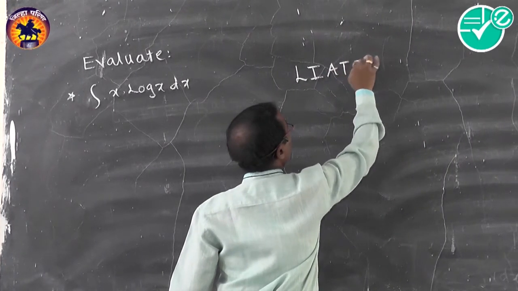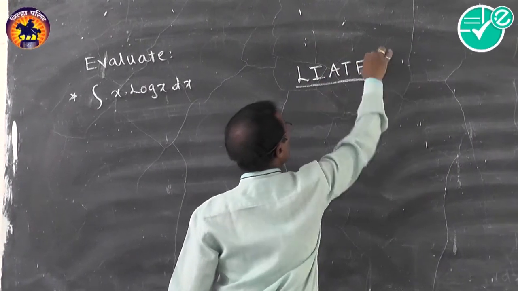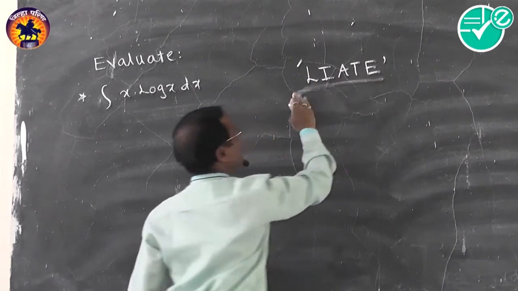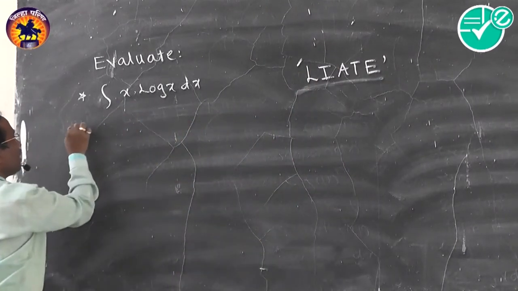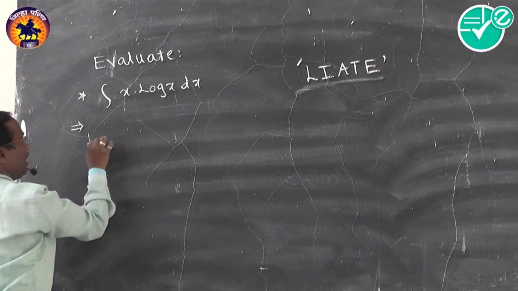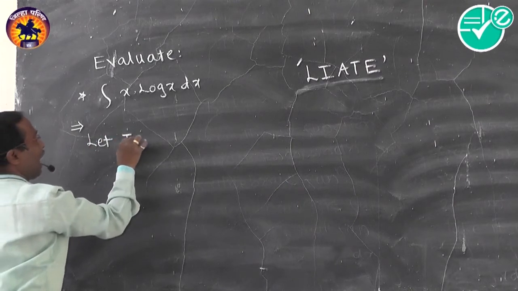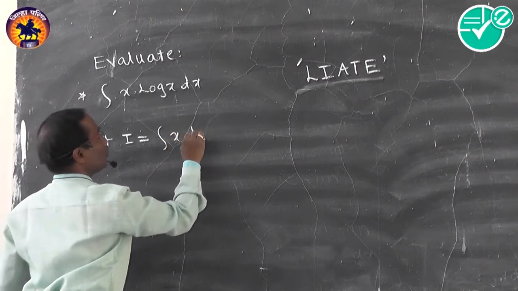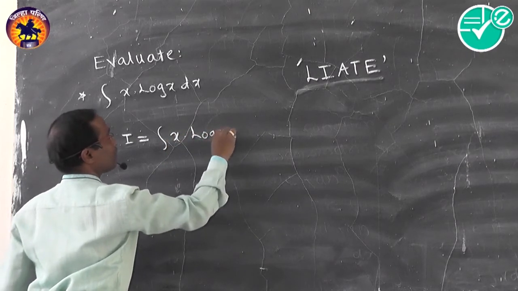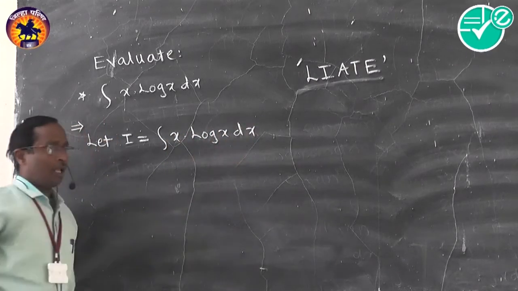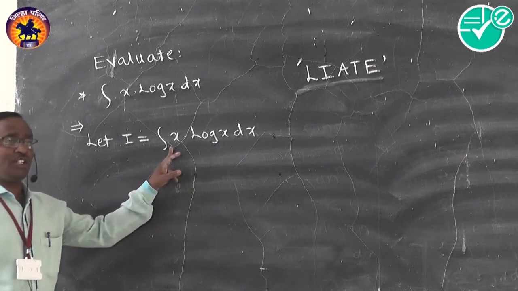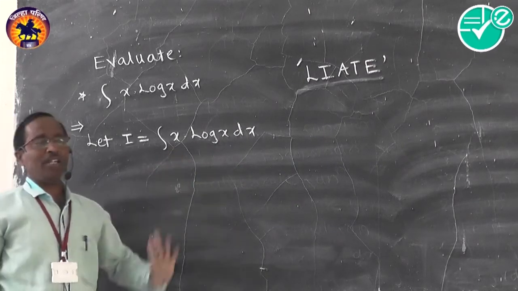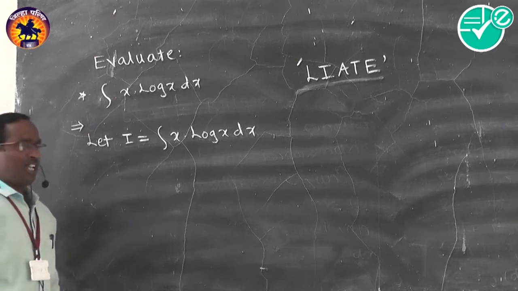So which function will we take first here? By using the LIATE rule, let I be equal to the integral of x into log x dx. Now x is an algebraic function and log x is a logarithmic function.